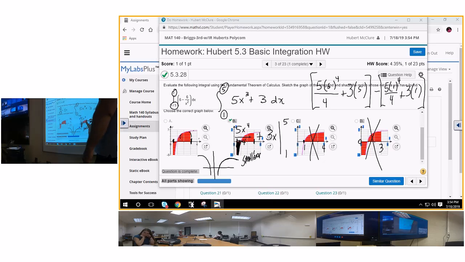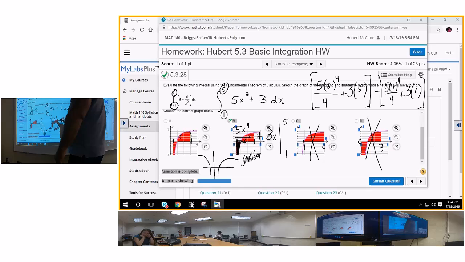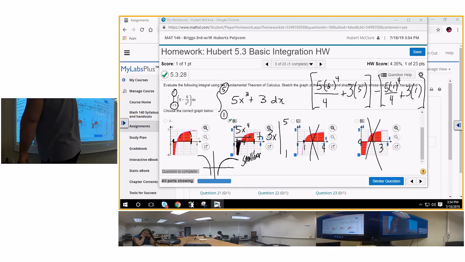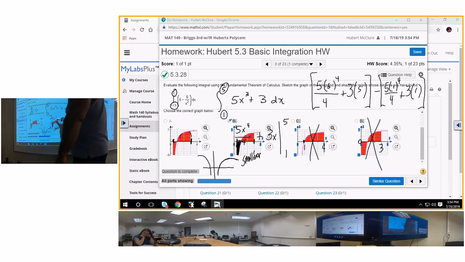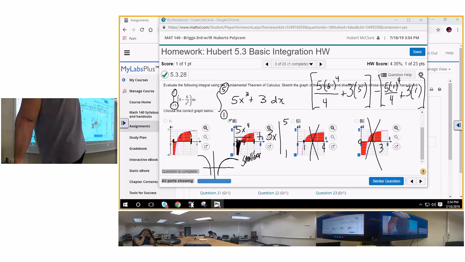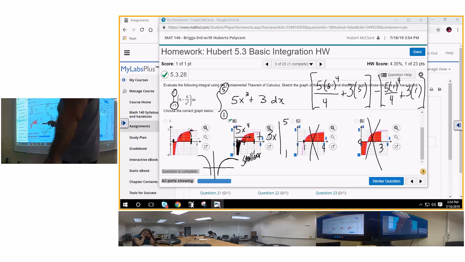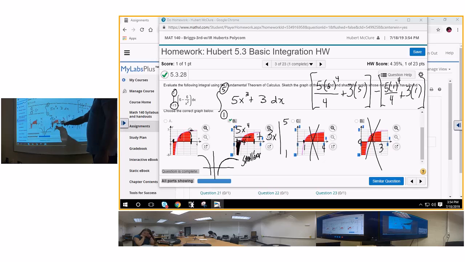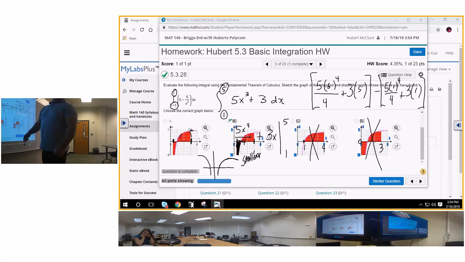And that was just luck that it was this one, because it is a smaller area than this one. Does everybody see that? This one goes up to 4.5 or 6.5. This one goes up to 7.5. So that one has a bigger area than this one. So that's why I picked B. Does that help? That helps. Okay.